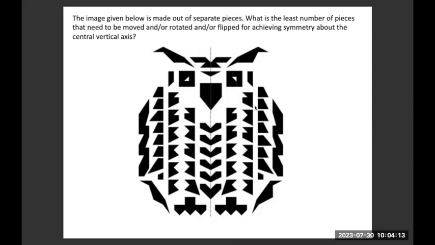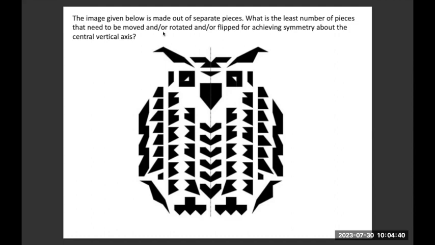Yes, Kavya, I'll repeat the question. You're given this figure, and it's made up of a number of pieces. Some of the pieces in this figure are moved from one place to another. For example, these two pieces are the same, and these two pieces are the same, which means this and this piece are moved.